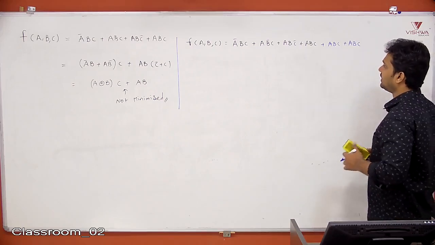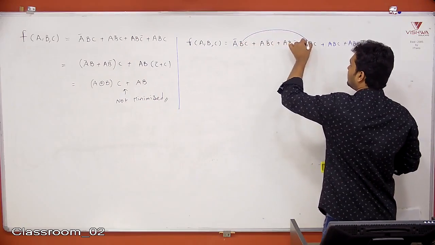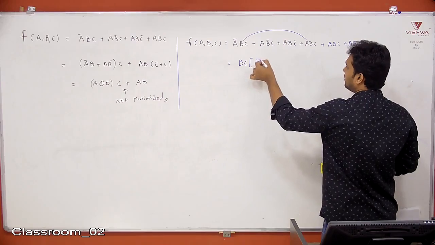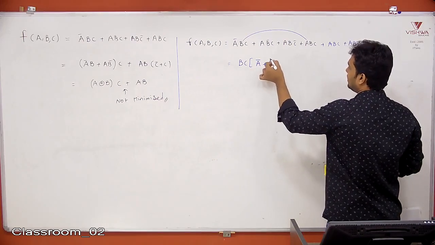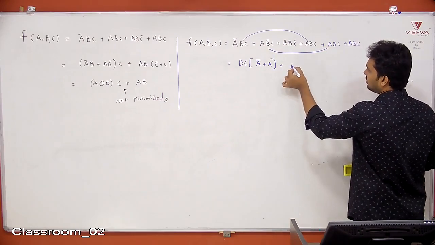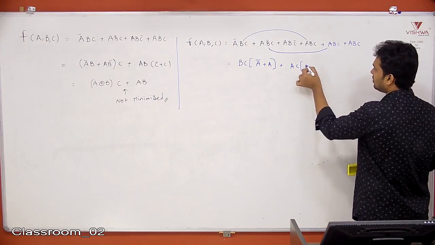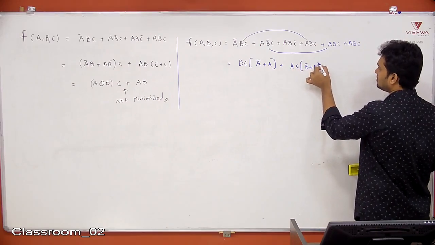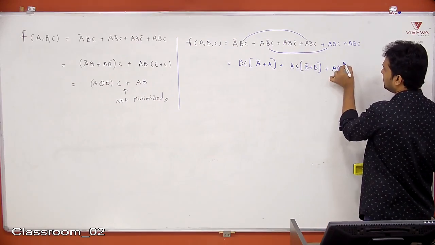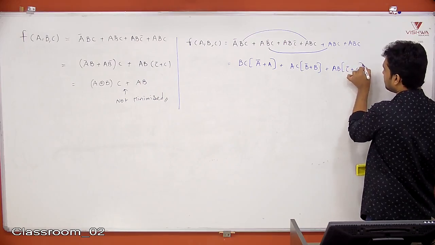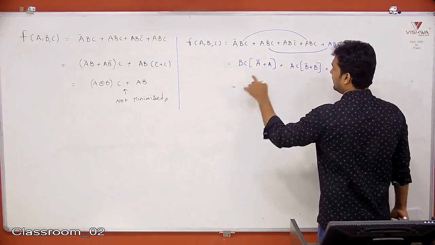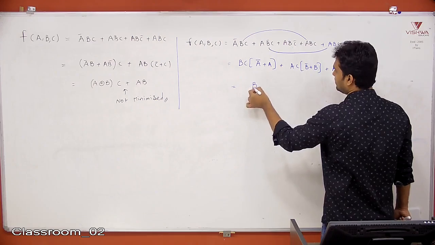Now, see here. In the first one and this, can I take anything common? BC can be taken common, A bar plus A. Similarly, the second one and this one, you can take AC common, B bar plus B. This one and this one, you can take AB common, you will get C bar plus C. Now, A bar plus A is 1, so it is BC.